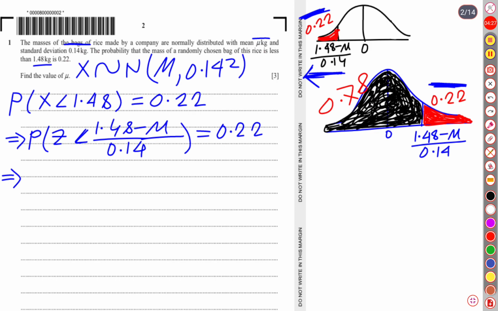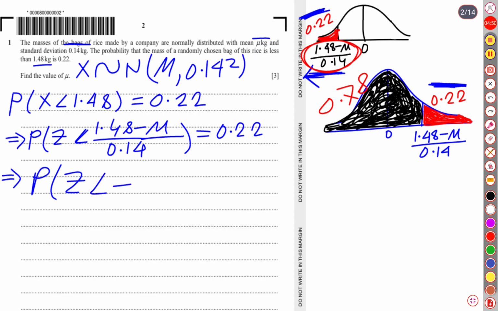Now, as our actual z score is lying on the left side, it is definitely a negative z score. So the z score must be negative, as I have already explained.